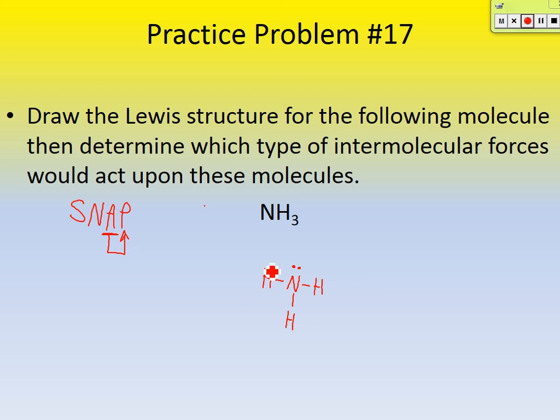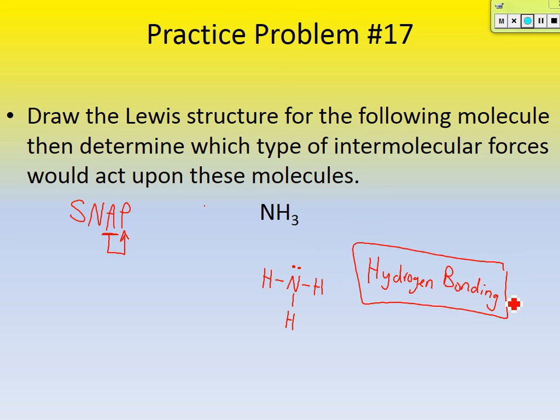Do we see a hydrogen? Yeah? Is there a NOF element? Yes. There is. And so this has got to be hydrogen bonding. Okay, in terms of strength, is it strong, weak, or medium? It's very strong, so this would experience very strong forces between them.